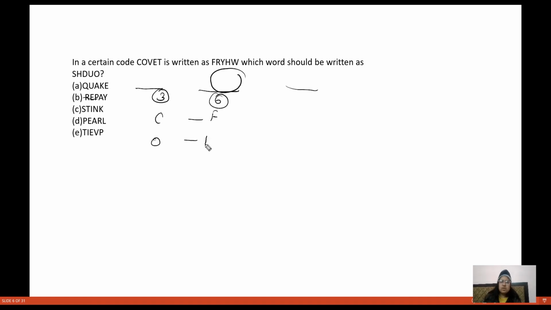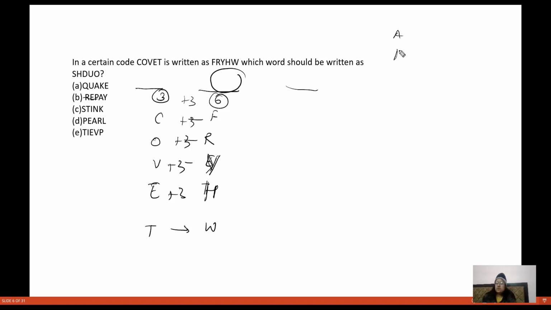O is corresponding to R. V is corresponding to Y. E is corresponding to H, sorry about that. And T is corresponding to W. So everything is +3 here, +3 here, +3 here, +3 here. You can check it as well.